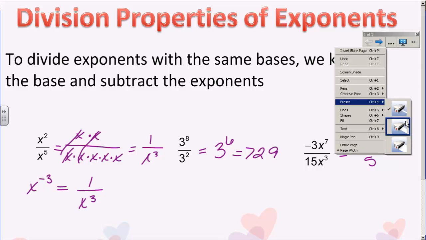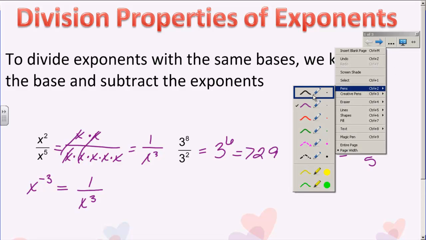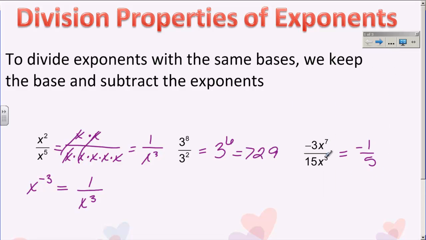It was really unnecessary. There we go. Then my base is an x. And I can subtract my exponents just like I did with the other two examples, and 7 minus 3 is 4. So I reduced my coefficients down to a simplified version, and then I subtracted exponents with my base. So I get negative 1/5 x to the 4th.